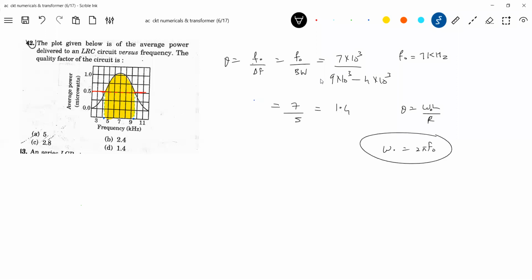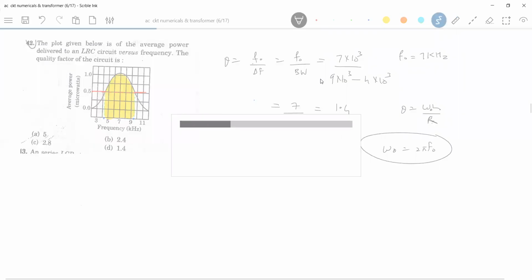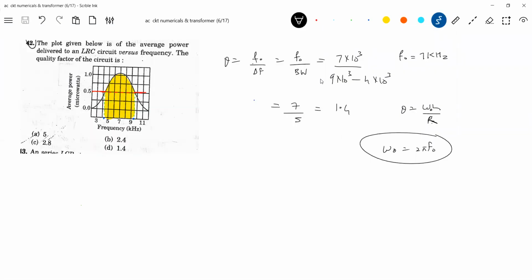They'll give the self-inductance of the circuit, and from this you can get R. It's not there for advanced quality factor also, but still just have an awareness of that.